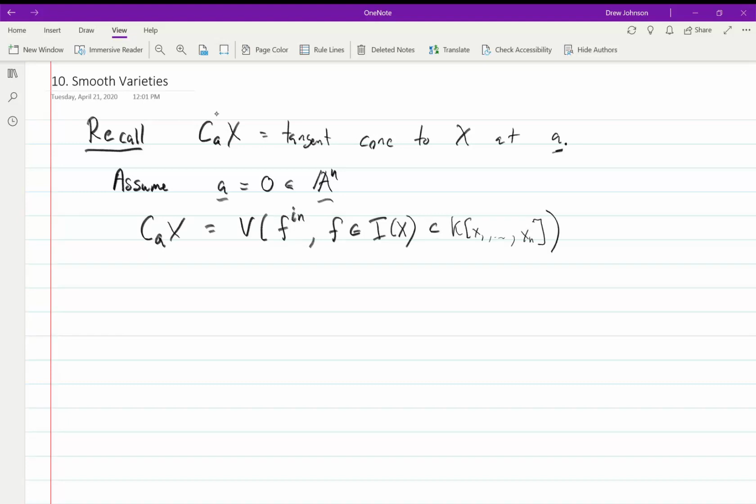Okay, and remember this f_in means initial term, or in other words, the term of lowest degree. So, for example, x1 squared plus x0 x3. If you take the initial of that, you just get the x1 squared.